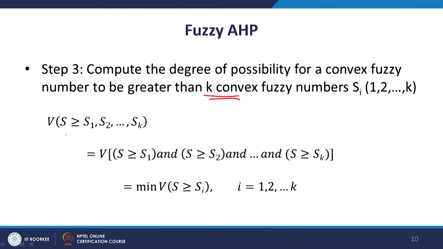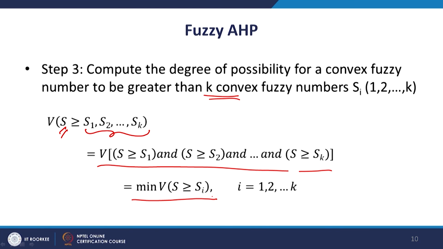So, if we are to find out, for a convex fuzzy number S, the degree of possibility for it being greater than k convex fuzzy numbers, then it can be written as this: capital V of S greater than or equal to S1, and S greater than or equal to S2.